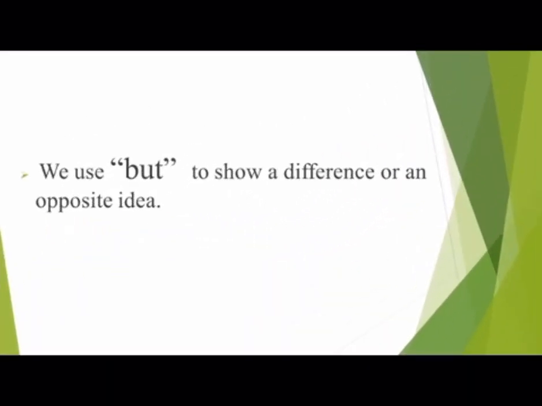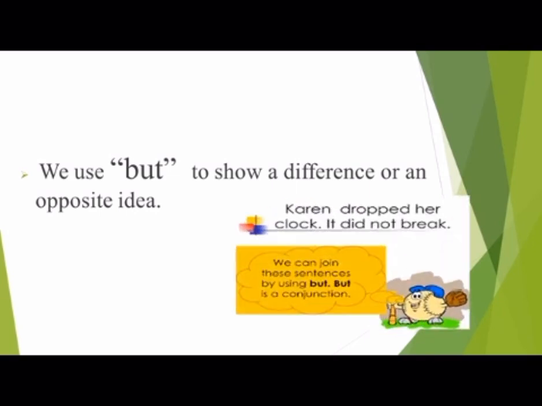But is also one of the most commonly used conjunctions. We use but to show a difference or an opposite idea. Karen dropped her clock. It did not break. We can join these sentences by using but.